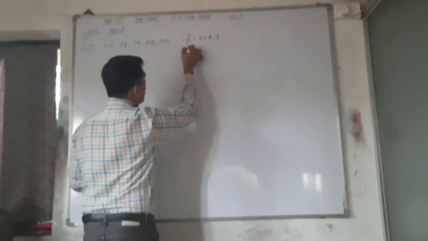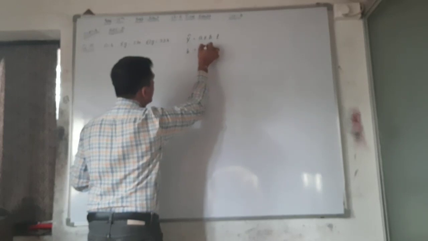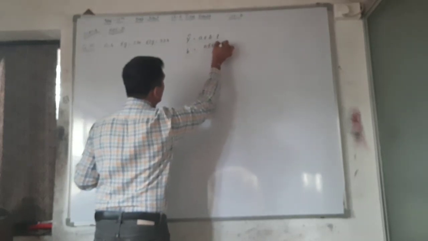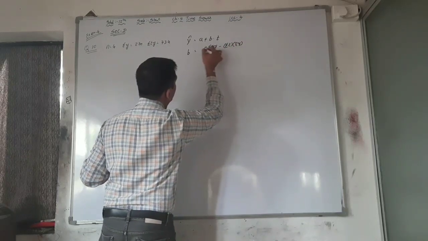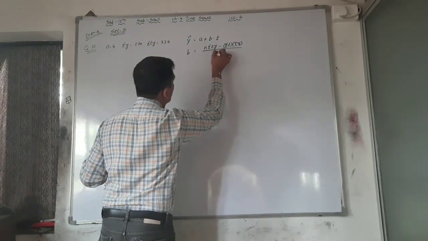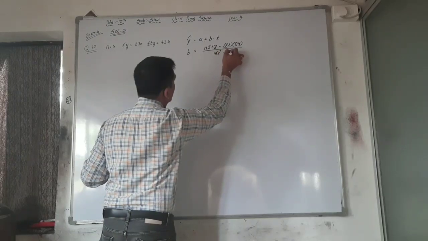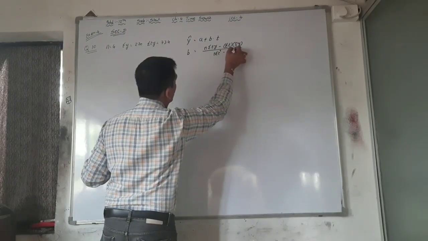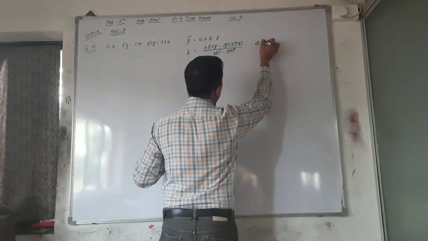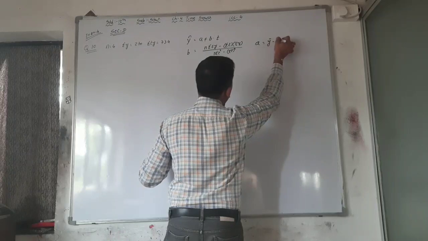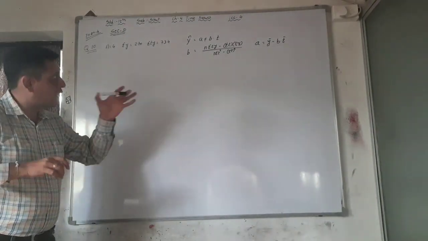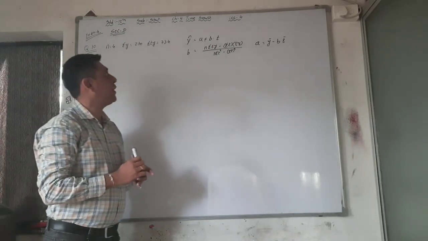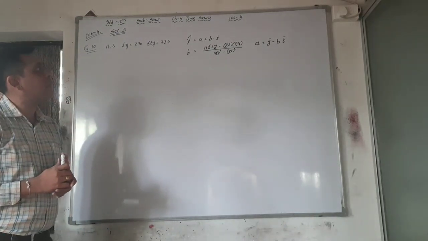For that, first of all, what is the formula? b is equal to n sigma ty minus sigma t sigma y upon n sigma t square minus sigma t all square. And for a, y bar minus b into t bar.